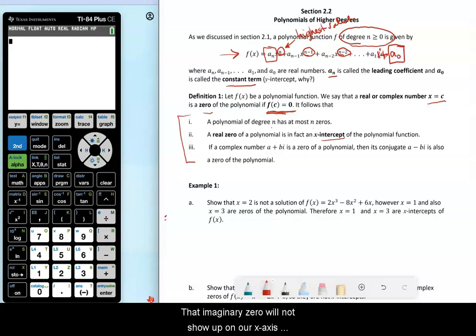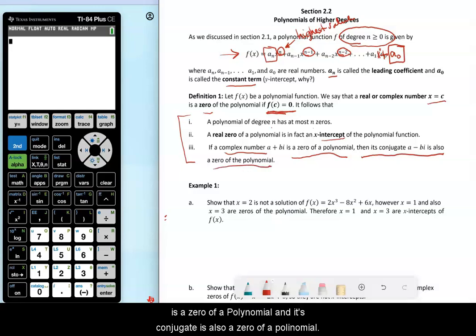That imaginary 0 will not show up on our x-axis because it exists in the imaginary plane. And we're only interested in the real plane as far as graphing. A complex number, this complex 0, going to part 3, is a 0 of a polynomial, and its conjugate is also a 0 of a polynomial.